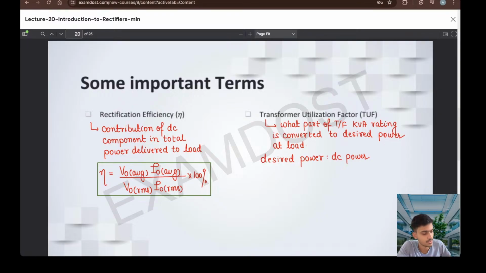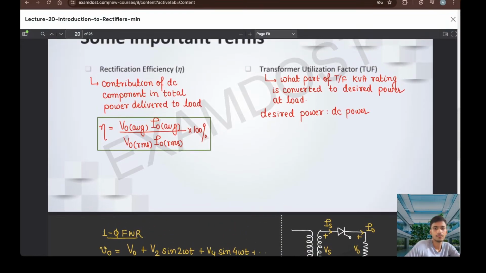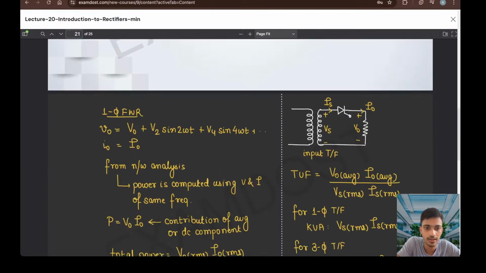And transformer utilization factor: what part of the transformer kVA rating is converted to desirable power at the load, like on the source side. Desirable power is DC power. What part of the transformer kVA rating is converted to desirable power at the load?